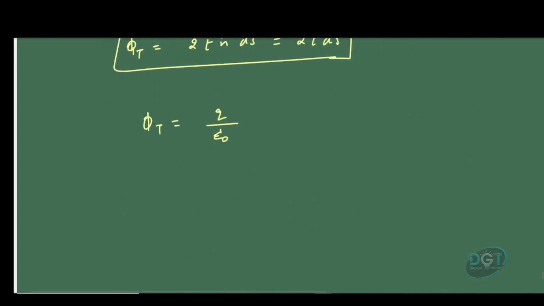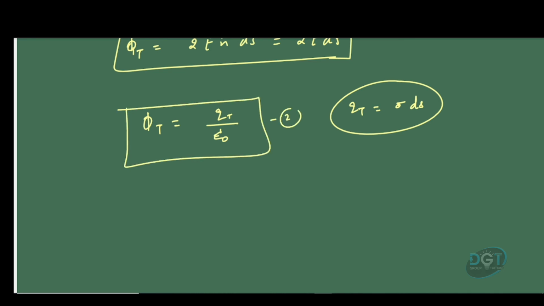Therefore the total charge over here, Q total, is sigma into ds. Thus replacing this value in, say this is equation 2, this is equation 1. So replacing this value in equation 2, we get flux total is equal to sigma ds upon epsilon naught. Say this is equation 3.